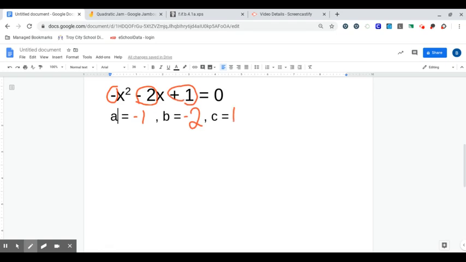For my formula, remember when we have a quadratic equation, we have x equal to -b plus or minus square root of b squared minus 4ac, and that is all over 2a.